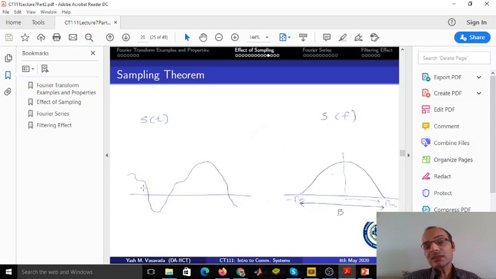Now if you think about it, that seems like kind of hard to believe. How can you have this continuous time signal, you just pick some few samples of this signal, and then from that you recover the whole signal back entirely?